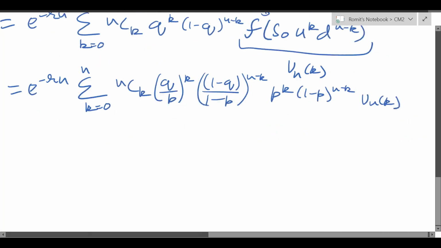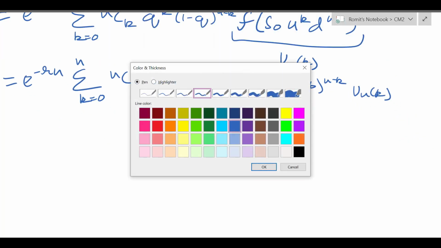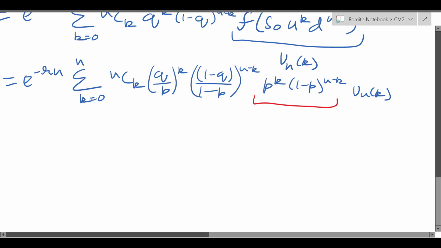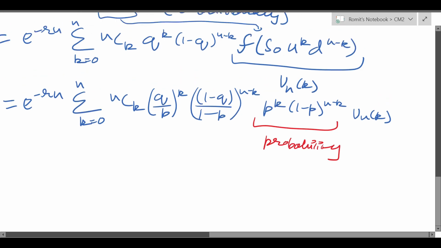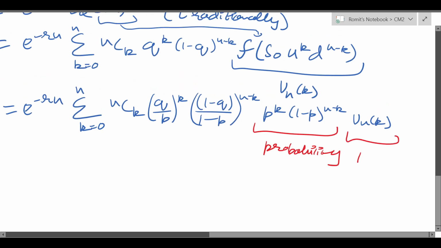So now which parts will be taken into the state price deflator? Let's just see. This is purely my probability, right? K increases and n minus k decreases. This is the real world probability of that. This part is just the payoff from the derivative, right?